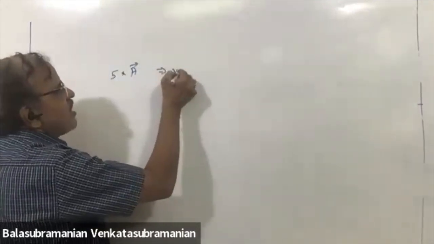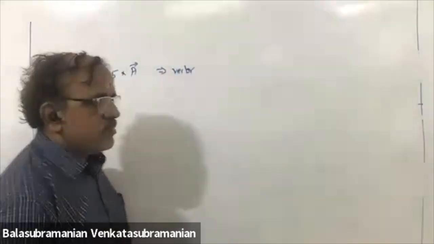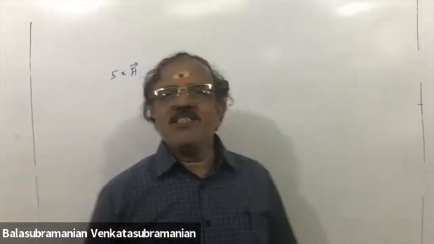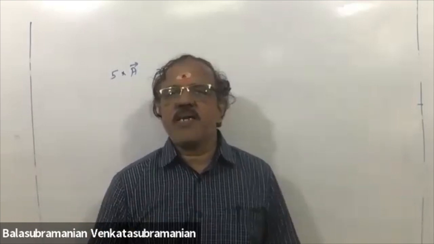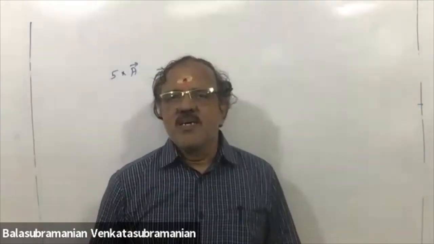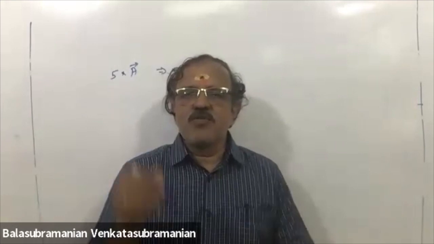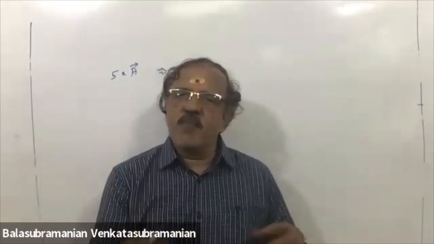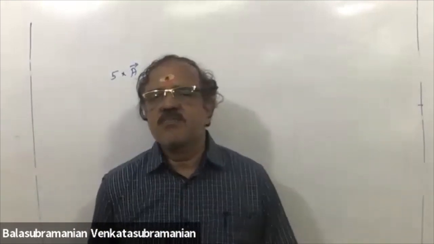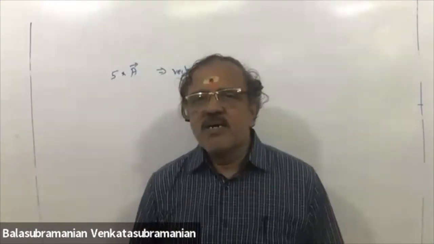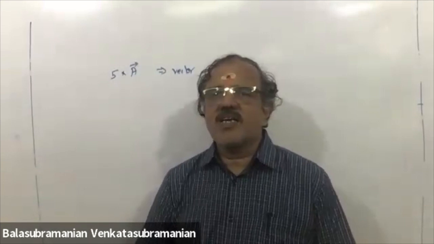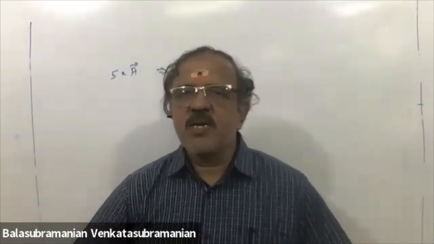Resultant is a vector. 1 Newton, multiply by 5, multiply by 10, multiply by 100. Everything is a scalar, but Newton is a force. It depends upon the direction. So by multiplying some number, it cannot be changed as a scalar. It is a vector only.